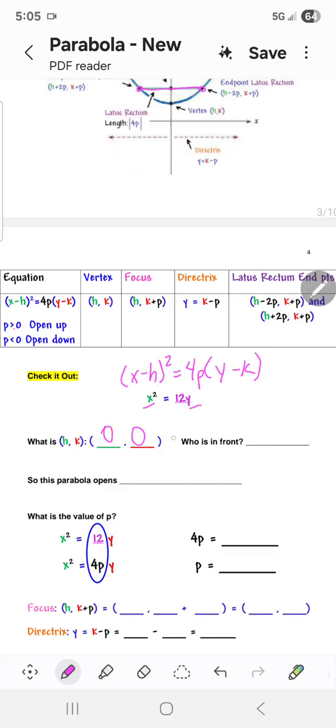That means that h and k are both 0. The next thing I see is that x is the term that is squared. That is line leader, x squared. Okay, so if x is line leader, x is in front, that means I'm either going to open up or down. But I don't know yet because I don't know the value of p.